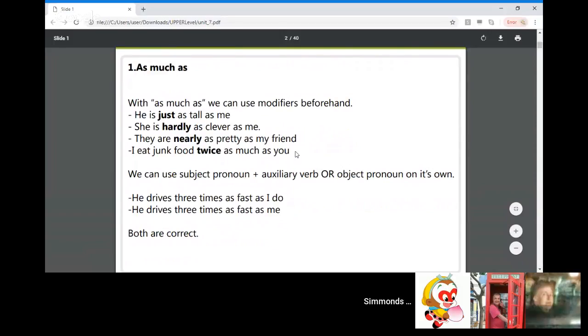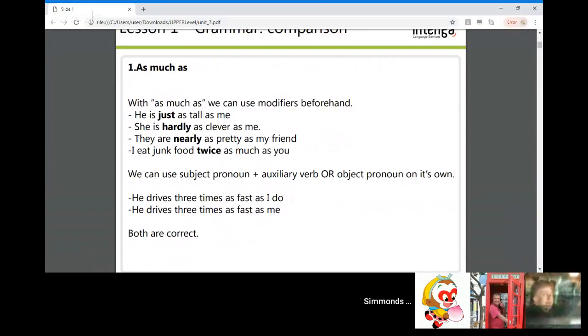So now, he's hardly as clever as me. Again, the same sentences, but now we're going to change the sentence a little bit. But you'll see that both are correct. So we can use the subject pronoun plus the auxiliary verb at the end, or the object pronoun on its own.